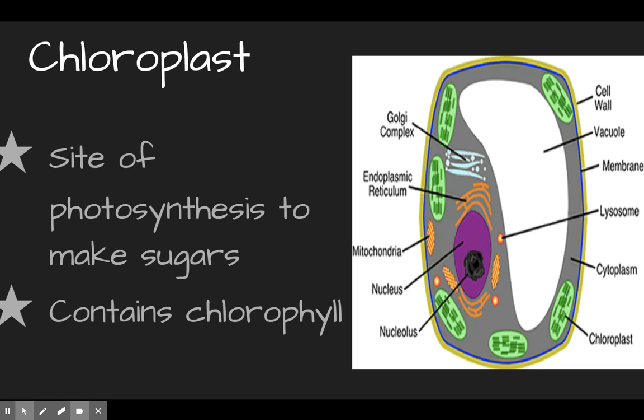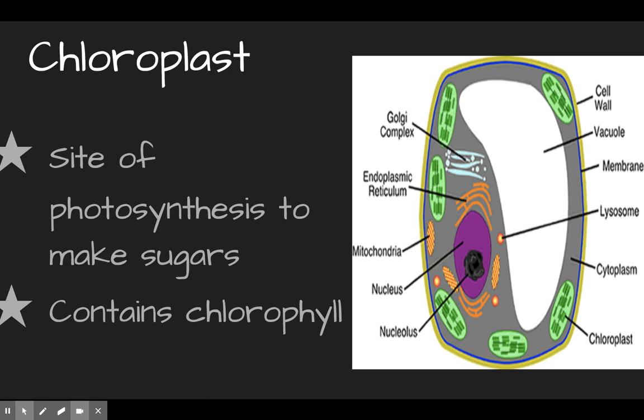Go ahead and get it now that photosynthesis takes place in the chloroplast of the plant cell. Now, notice right here is the chloroplast. It contains something called chlorophyll. And here we have several chloroplasts throughout the cell.